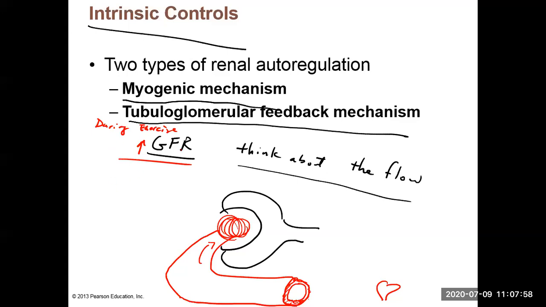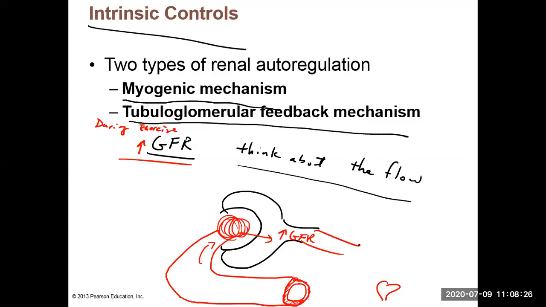So therefore, the GFR is going too fast. We need to lower it. All right. So now we need to think about the flow. How can I reduce the flow? If I can reduce the flow coming into the glomerulus over here, then I could reduce the GFR. And that's what I wanted to do because right now the GFR is too high during exercise.